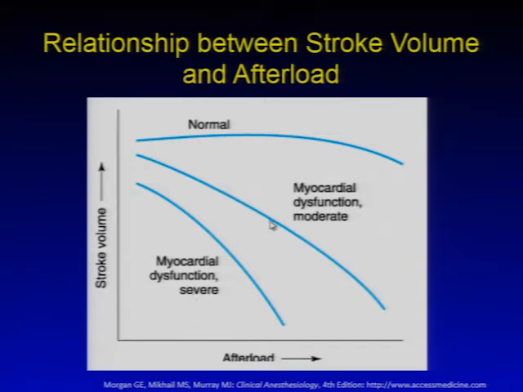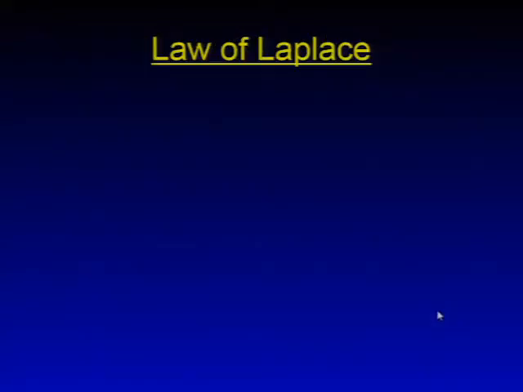And you can see for patients who have some element of myocardial dysfunction, there's a more linear relationship between the increase in afterload and a decrease in stroke volume, to the point that a patient with severe myocardial dysfunction is not able to overcome elevations in blood pressure and tolerate that very well. They will instead lose stroke volume, and this will be shown as a decrease in systemic blood pressure.